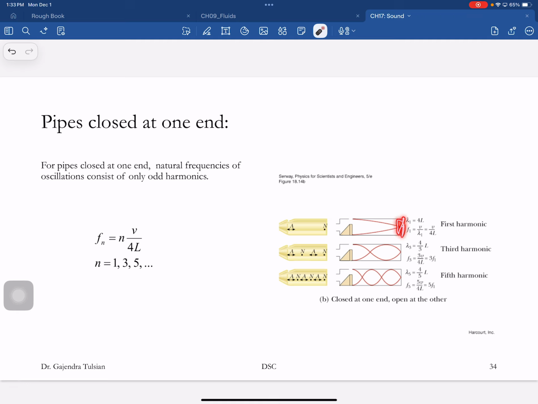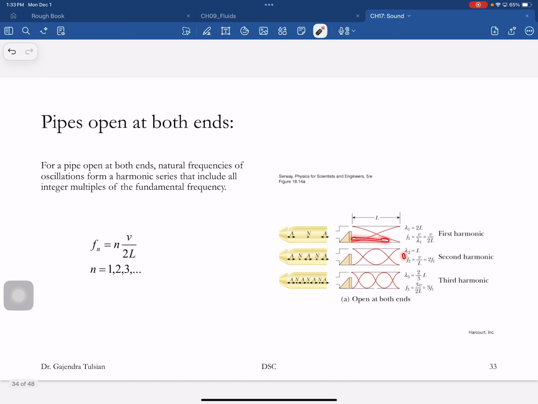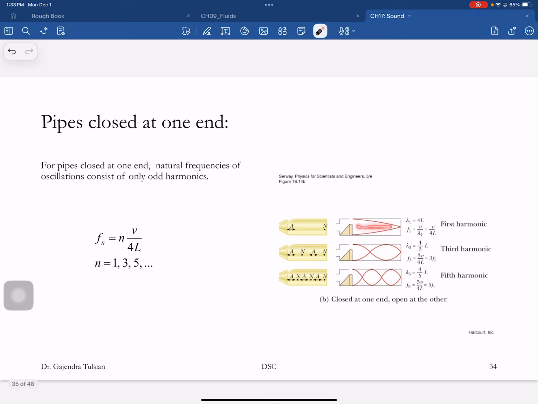A pipe that's closed at one end, only the odd harmonics are allowed. So a pipe, only the odd harmonics are excited. So this instrument is less versatile than this instrument. Okay, because you can produce more harmonics, all the harmonics here. Here you can only produce the odd harmonics.